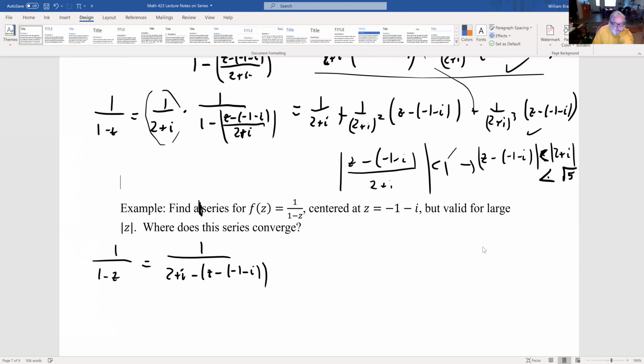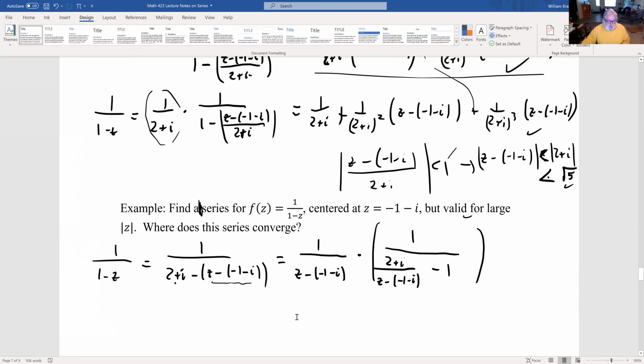Okay, so we had gotten to that point. And we want to know, can we get a series for large z, for z greater than square root of 5? And so what we'll actually do here, instead of factoring out the 2 plus i, we'll factor out the z minus the center. So we get 1 over the quantity z minus the center times 1 over 2 plus i over z minus the center minus 1.